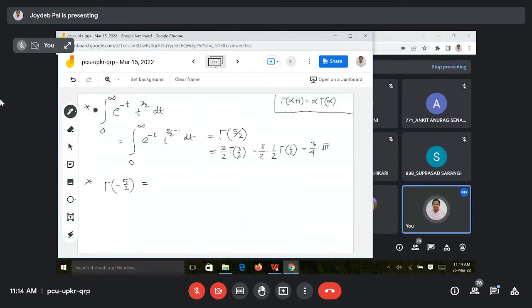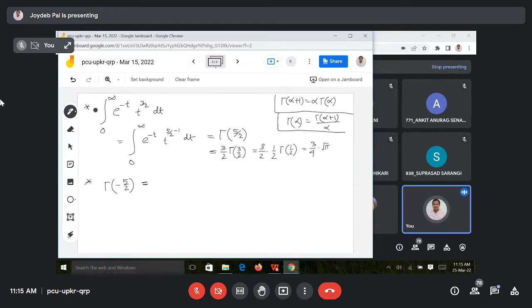So for that, which property do you have to use? This property only, gamma alpha plus 1 is equal to alpha gamma alpha. From that you have to rewrite it. Actually gamma alpha is equal to gamma alpha plus 1 divided by alpha, right? So you think that minus 5 by 2 is your alpha. Then gamma alpha is equal to gamma alpha plus 1 divided by alpha, right?